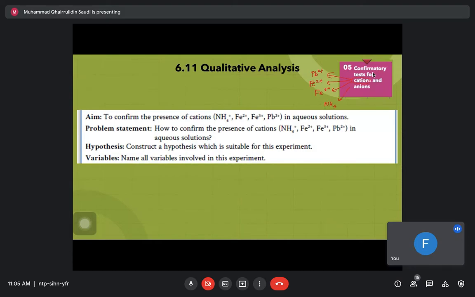But actually these 3 ions we could already identify earlier. Iron 2 ions we already know are green in colour. Iron 3 ions we already know are brown in colour. But we just want to confirm, so we need to do the test as well.